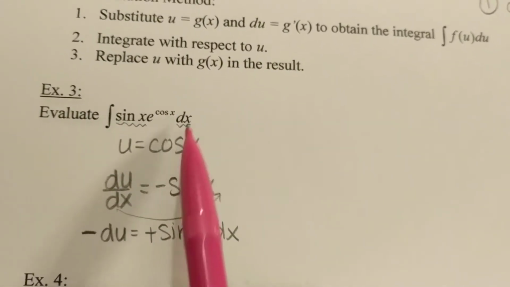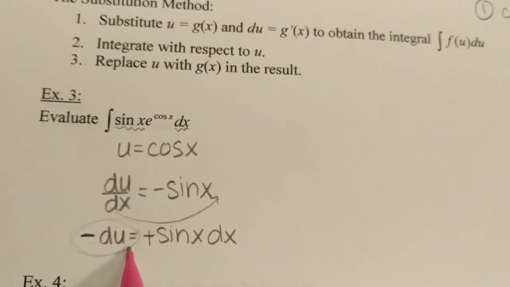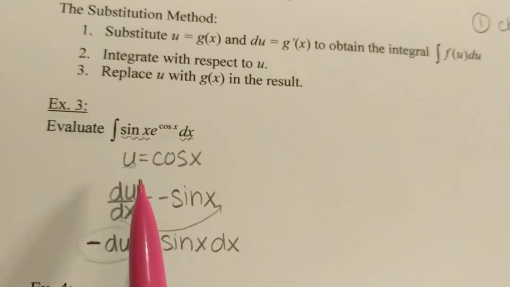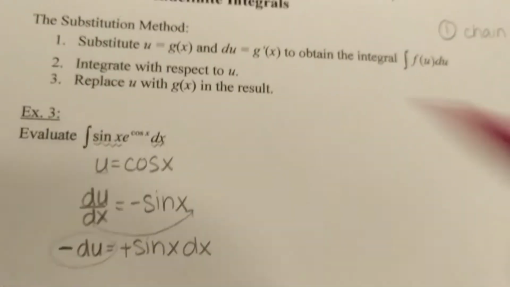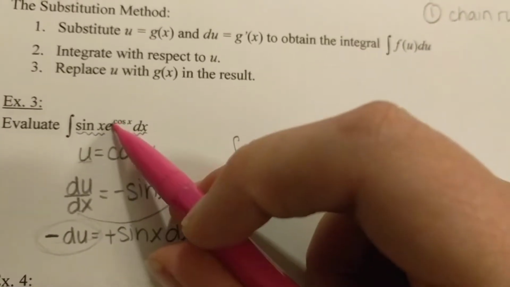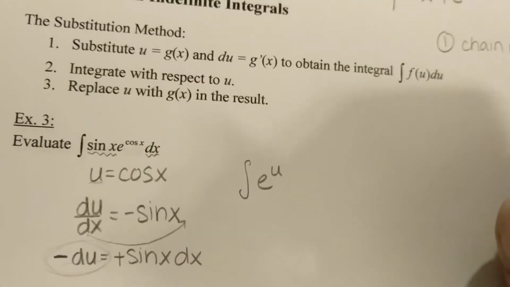Everything that's a squiggly here is replaced by negative du. And my cosine of x was replaced by u. So now watch how cool this replacement is. My new integral has an e to the u, because cosine of x was u.